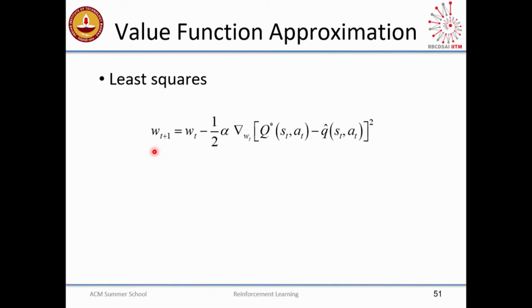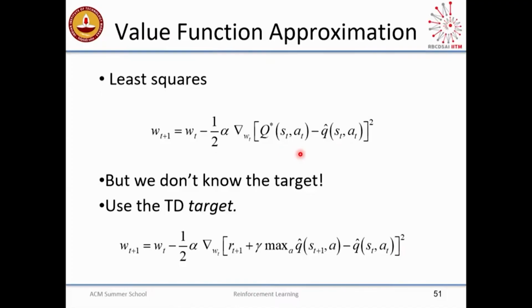What is the problem in using the least squares estimates for q star? Can I just do regression like whatever you have learned so far? The biggest problem is I don't know q star. So instead, I use whatever we did in TD learning.